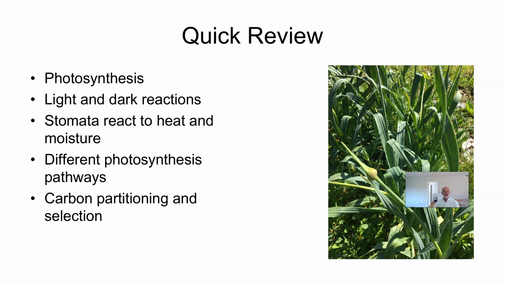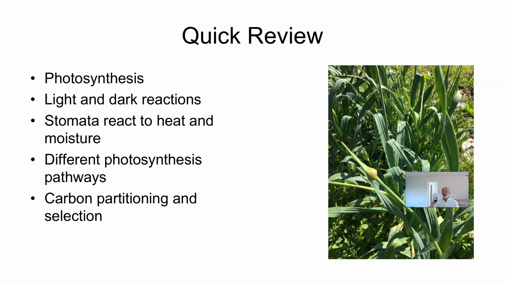The third thing that we covered is the fact that stomata, or the openings in leaves, do these two functions of bringing in carbon dioxide and letting out water, and that in high heat and low moisture situations, this creates a challenge for photosynthesis because plants have to shut down their stomata so they don't lose too much moisture, and that doing this can stop the dark reactions.